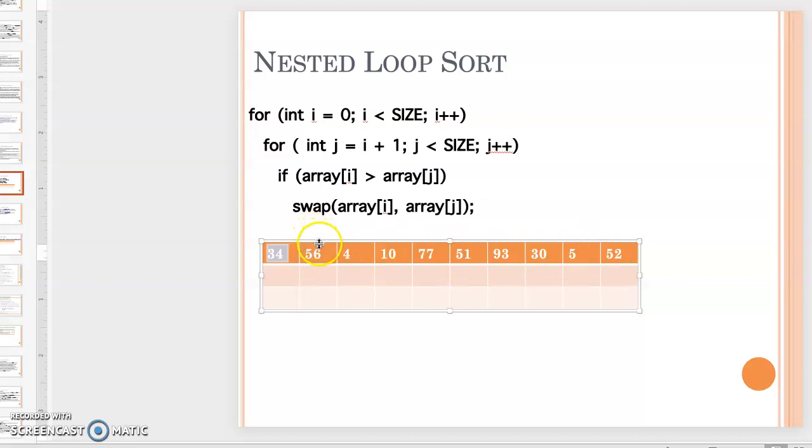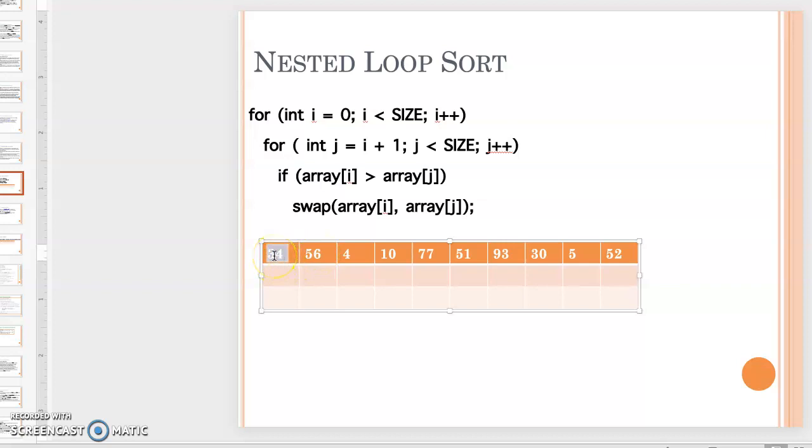The algorithm for this nested for loop is that we use this 34 as the target, and we use it to compare with each element. Since we want ascending order, the smaller number should be at the beginning. If the element at index i is smaller than 56, it is in the right place.